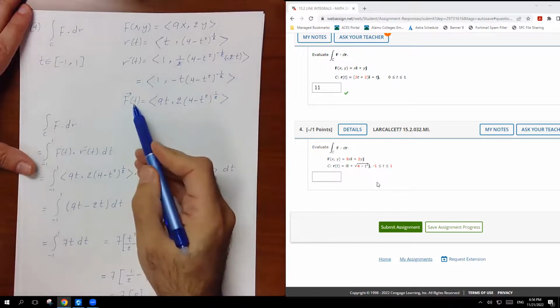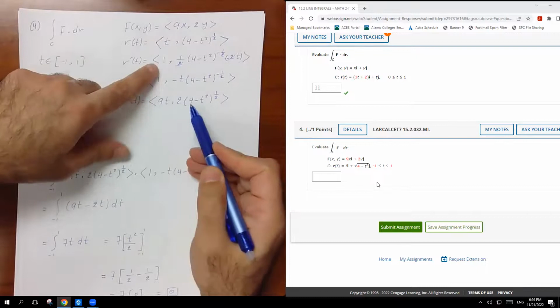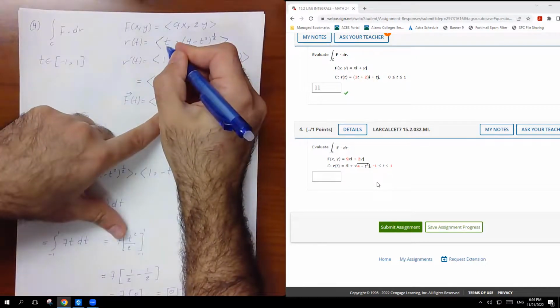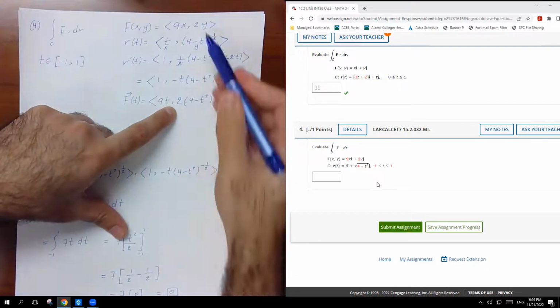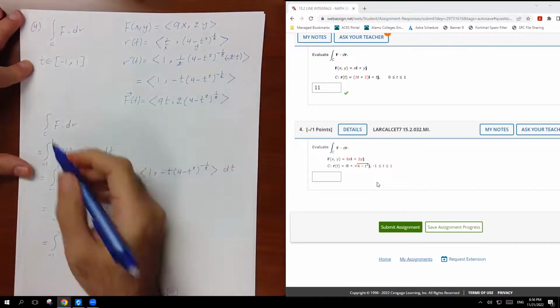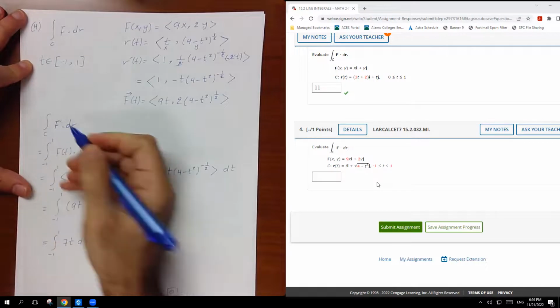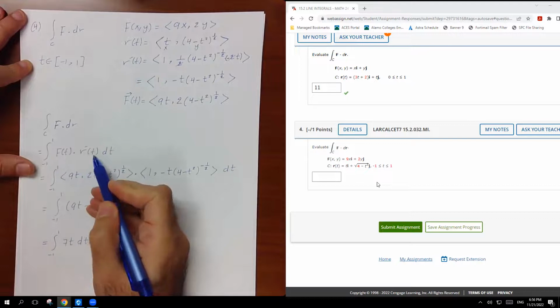Now F of t is going to be 9t. We're going to plug in here, and 2, and here's the y, because this is the x and here's the y. So 2y is going to be (4 minus t squared) to the half. Now the integral of F dot dr is going to be F of t times r prime of t dt.